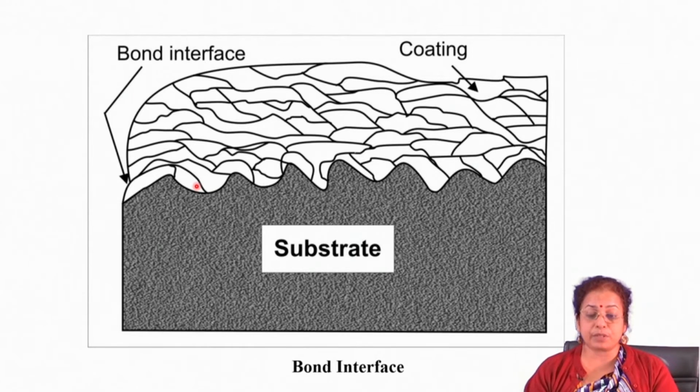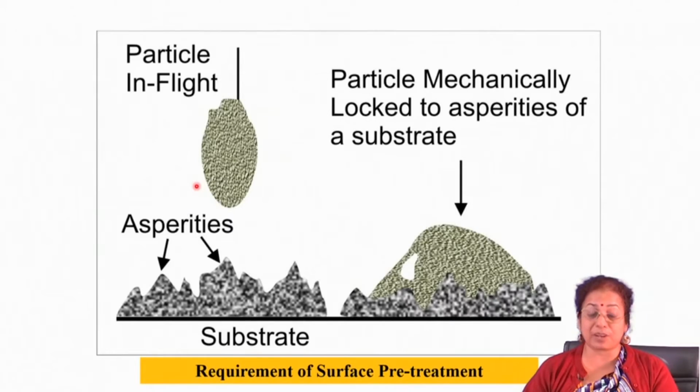Usually the pre-treatment technique, as I mentioned, may be of two steps. The first step is solvent degreasing, to clean all the greasy or dirty layer present on the surface of the substrate, and the second step is the sandblasting operation. Sandblasting is very helpful and is a kind of mandatory pre-treatment step prior to plasma spraying, prior to any thermal spraying operation.